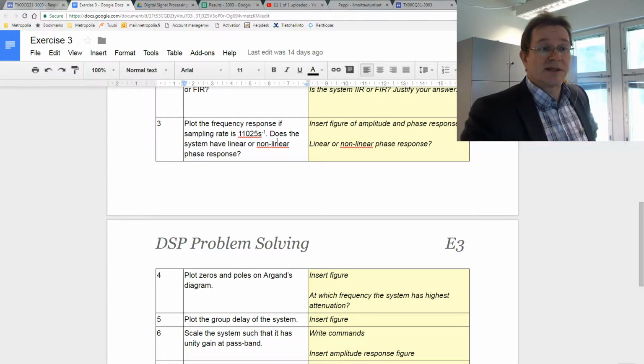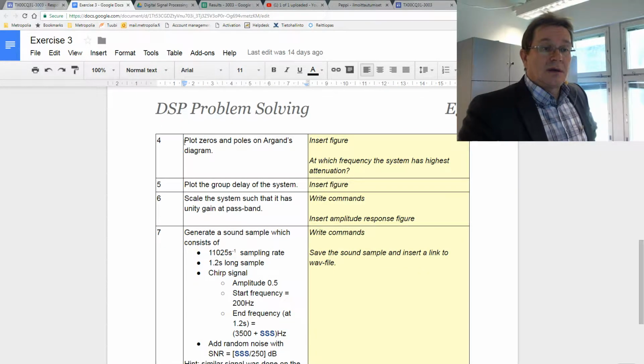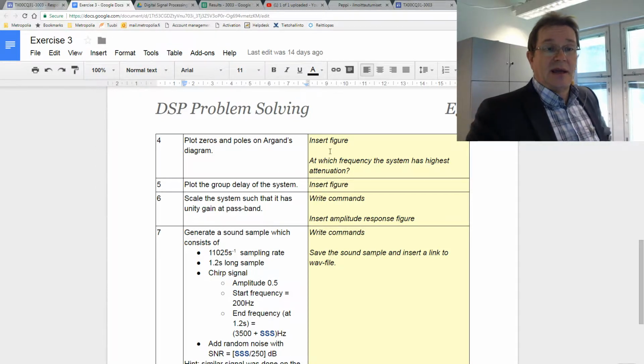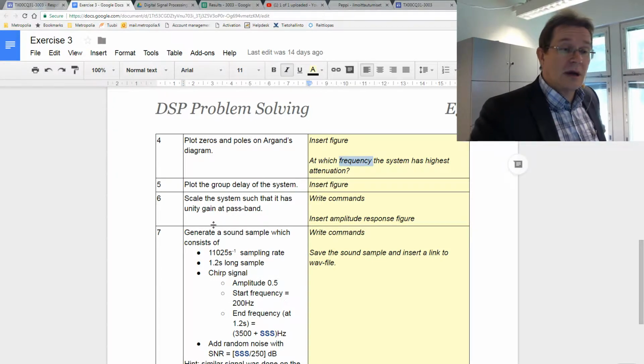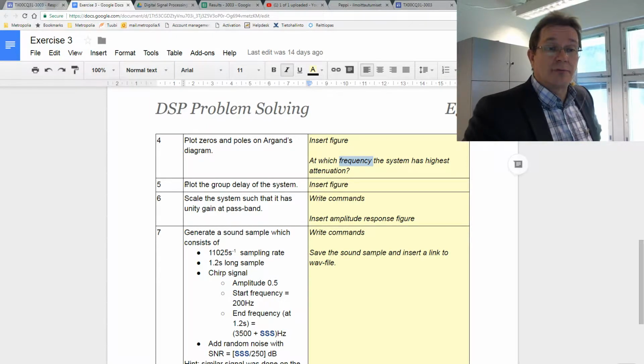Then there are some questions about linear or nonlinear phase response, zeros and poles on the z-plane diagram, and at which frequency the system has the highest attenuation, physical frequency.